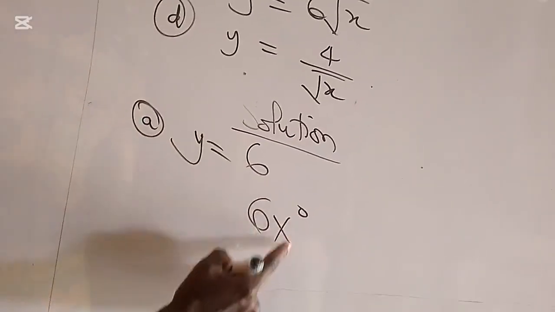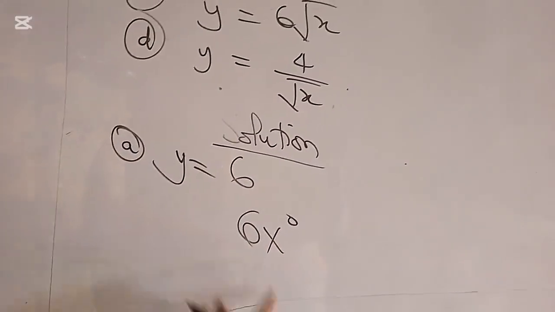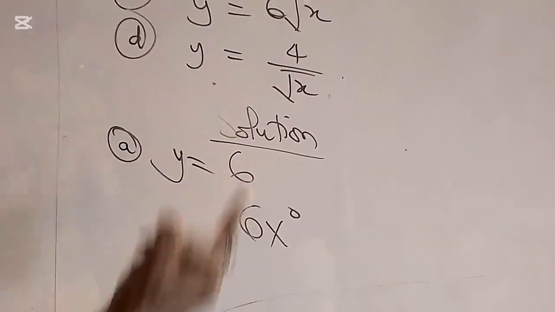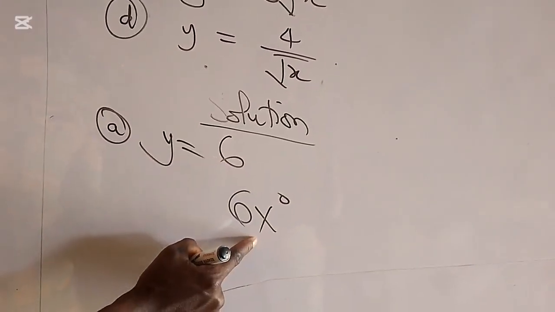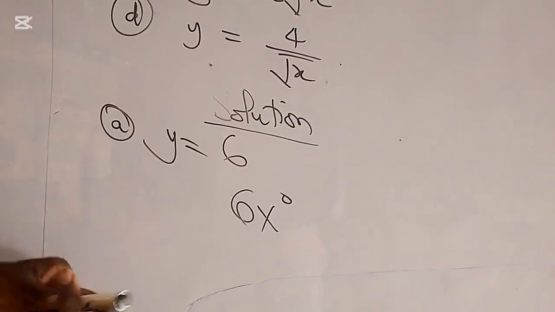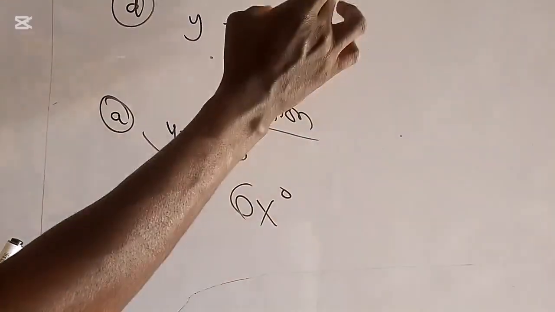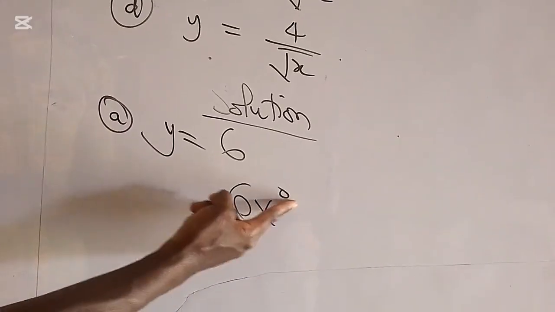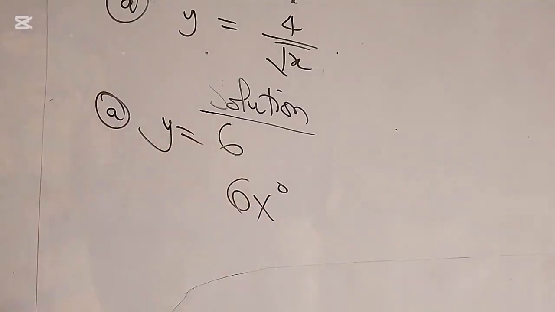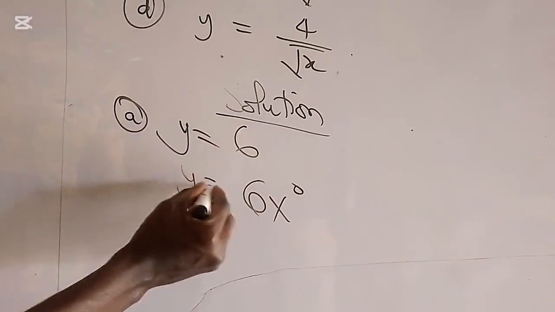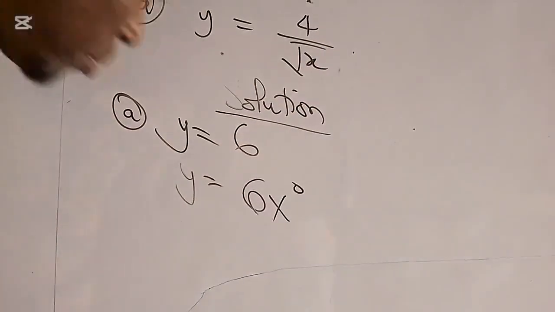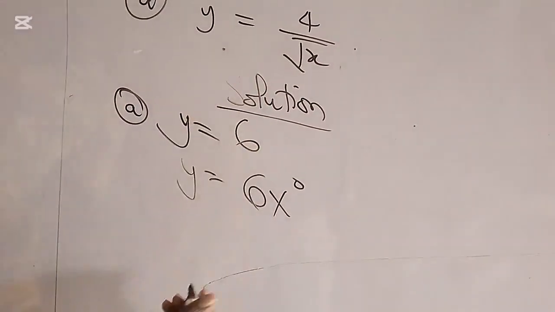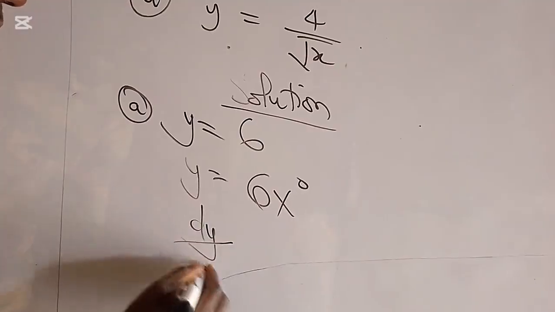So the whole of this x exponent 0 is 1, and 1 multiplying 6 is the same as 6. So don't be confused. This can equally be written as this, telling us that any variable that is raised to an exponent of 0 is 1. So our y is the same as 6x exponent 0.